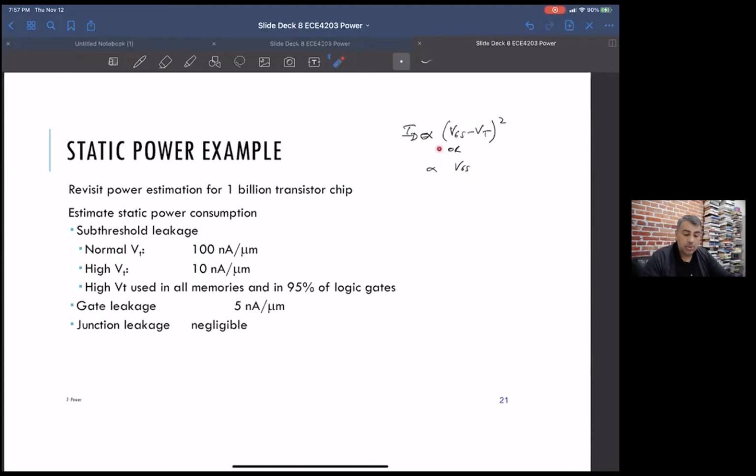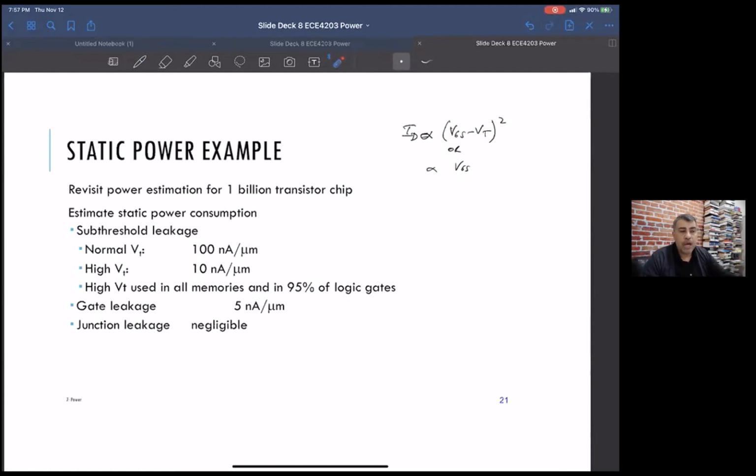So you want your high-speed circuits to have this low V sub t. If they're switching all the time, you want as much I sub d to charge and discharge those nodes. So you want threshold voltage to be low. Okay, but like I mentioned, that would make the leakage current very high for those particular devices.